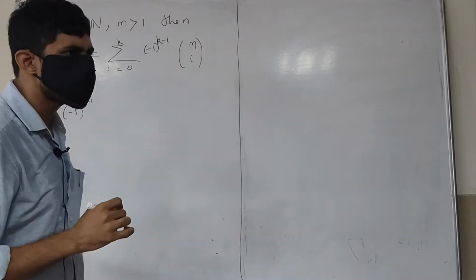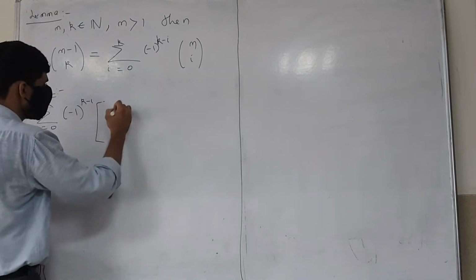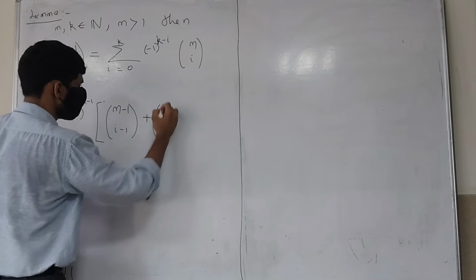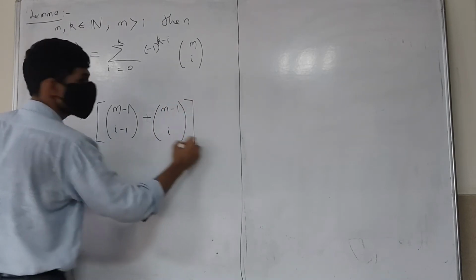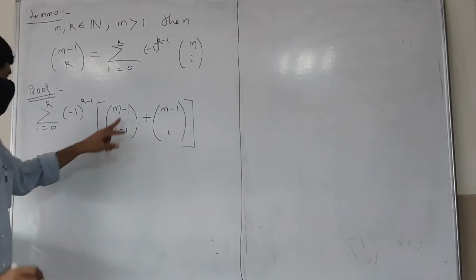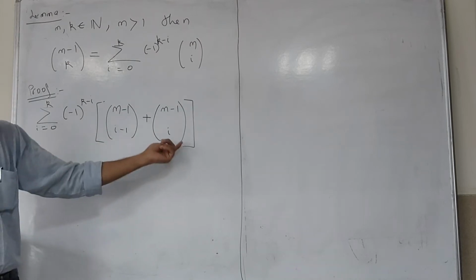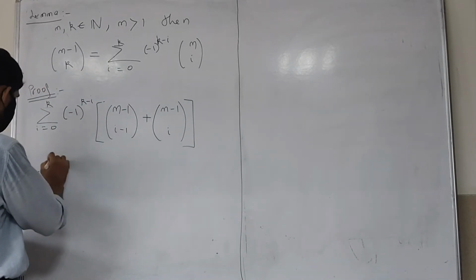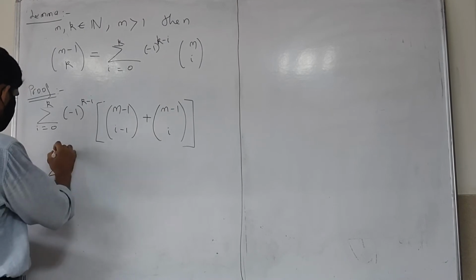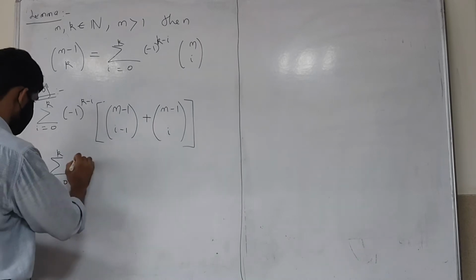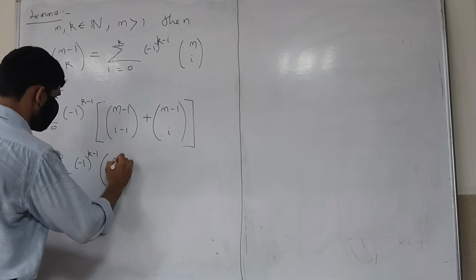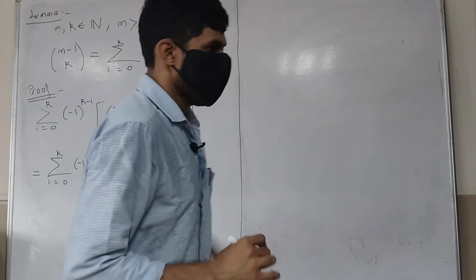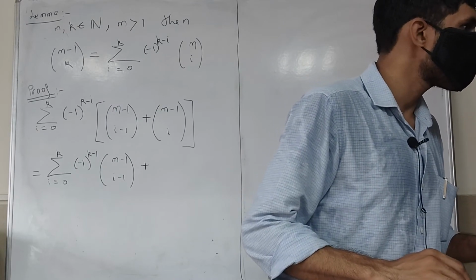This, by Pascal's identity, will be exactly m C i equals (m minus 1) C (i minus 1) plus (m minus 1) C i. That's Pascal's identity. So we get the summation, and I think we'll pull out the minus 1 raised to k.